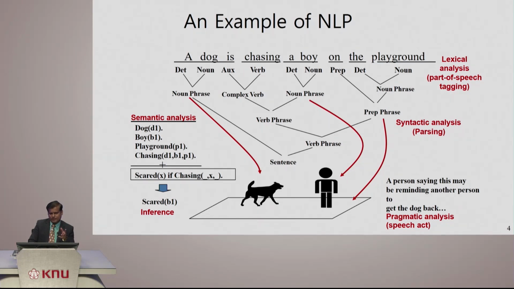So if you go further with semantic analysis, you might be able to recognize a dog as an animal, and you can recognize a boy as a person, and you can also recognize the playground as a location, and you try to analyze some relationship between these three. So maybe one deduction you can come to is that the dog was chasing the boy and the boy is in the playground.